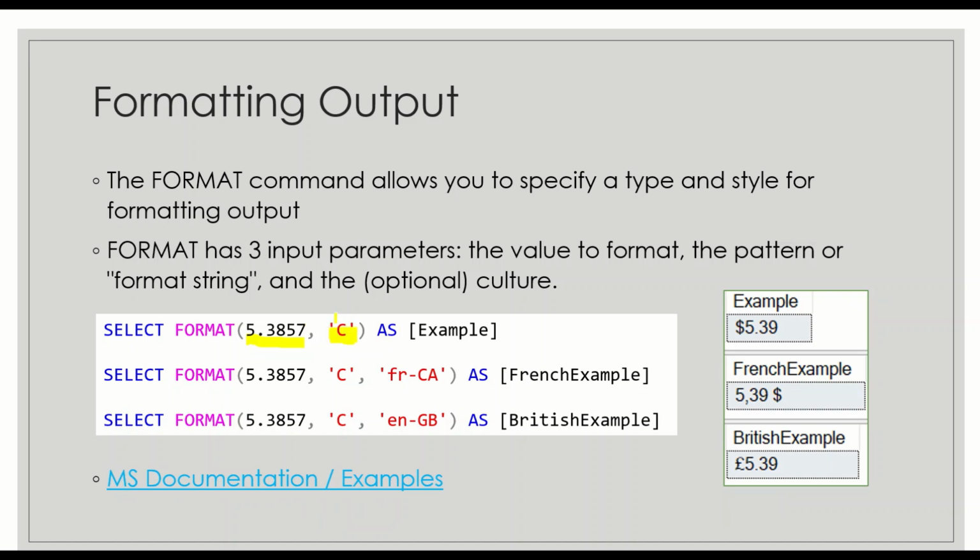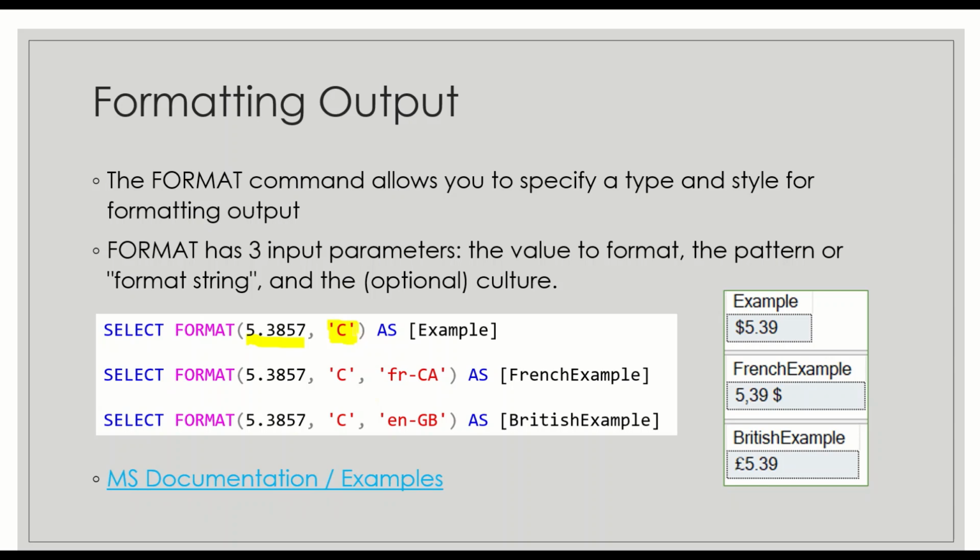And there's two different ways to construct a format string. One of them is to use some of the predefined default ones, and I've chosen that here. I've used C, which is shorthand for formatting currency. The other way is to write your own format string indicating where you want the pieces of data to go and how you want them to be formatted.